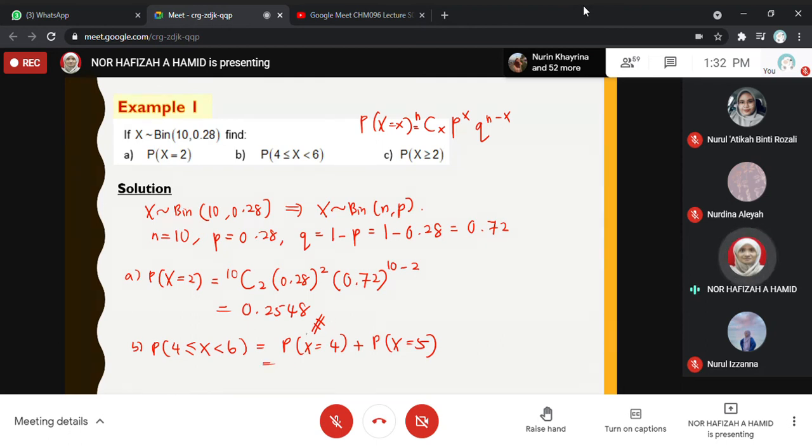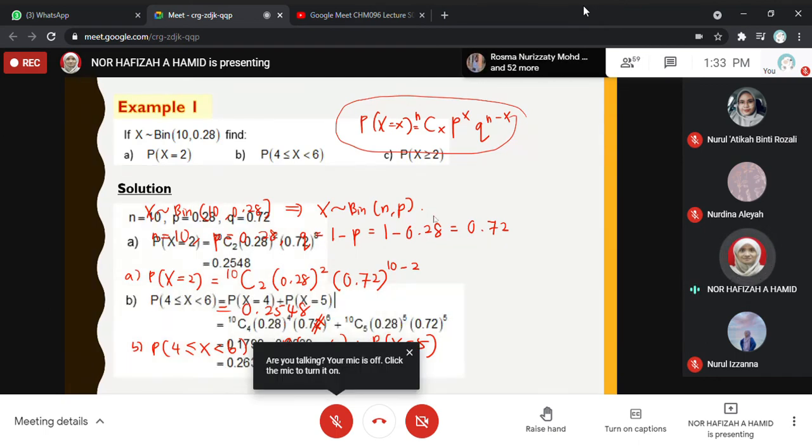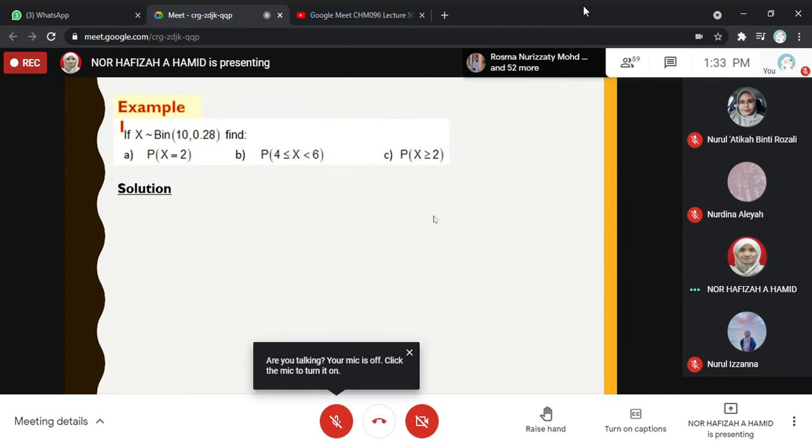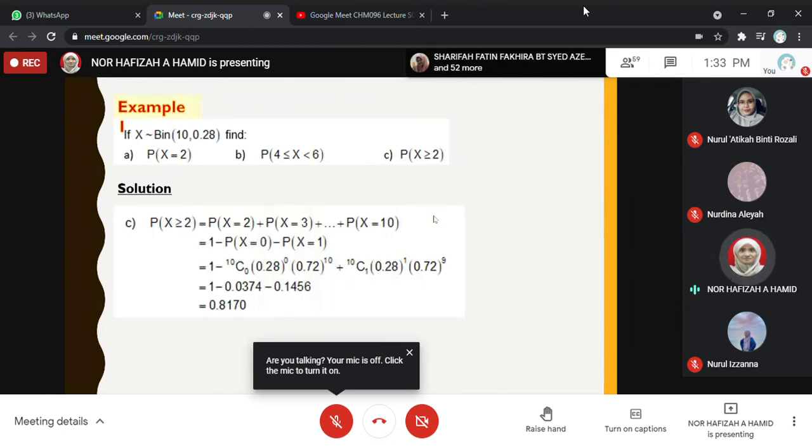You have to repeat and substitute into your formula for the binomial, and you will get the answer 0.2637.